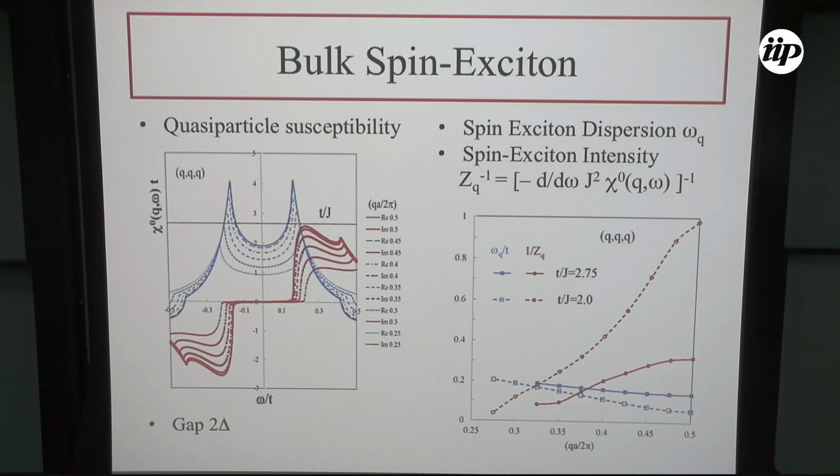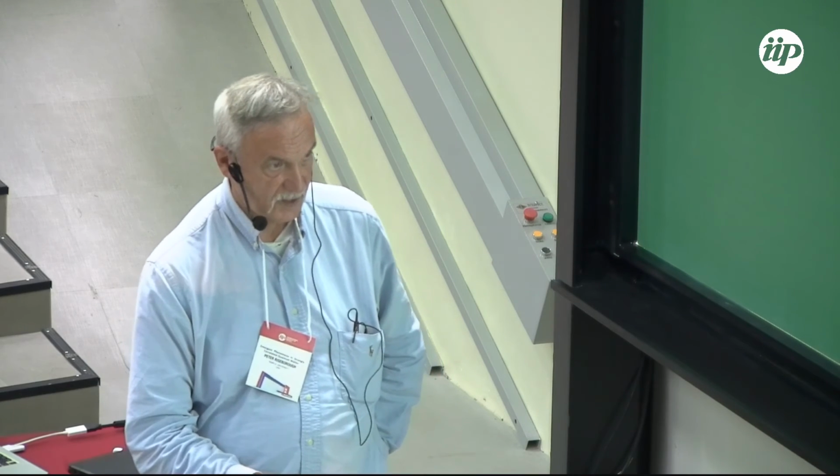And I've drawn a line here because our criterion for a spin-exciton was, for this magnetic excitation, 1 minus J times the real part of chi. And you can see that with this particular line, we have a solution inside the gap. So that gives a spin-exciton dispersion relation. It's sort of shown here, starting out at the Brillouin zone boundary with the lowest energy, and as you go through the boundary, it sort of increases slowly.